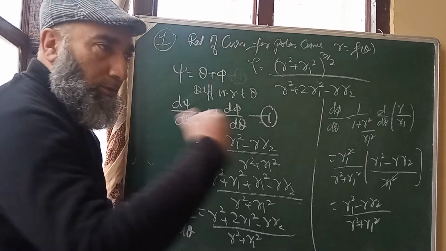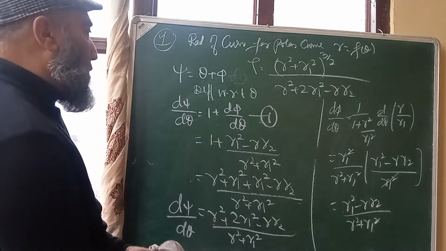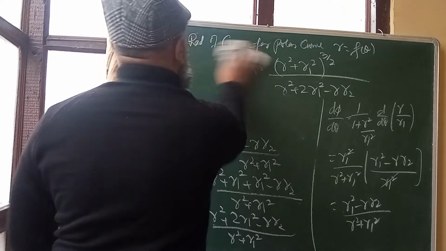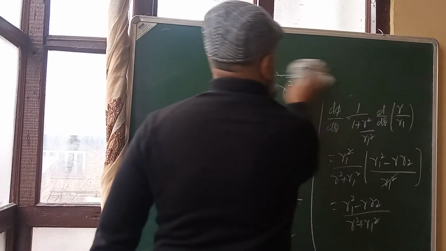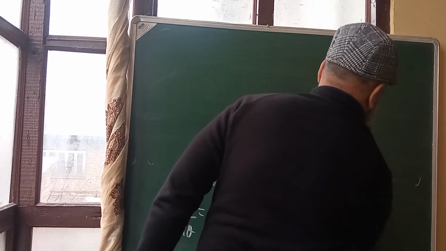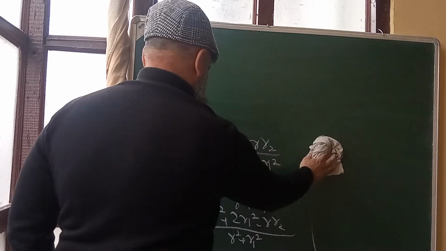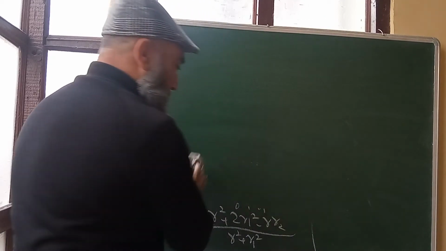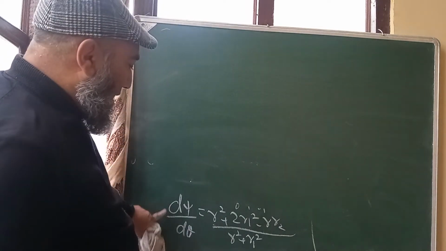Now we will go towards finding rho. Now I have d psi by d theta.